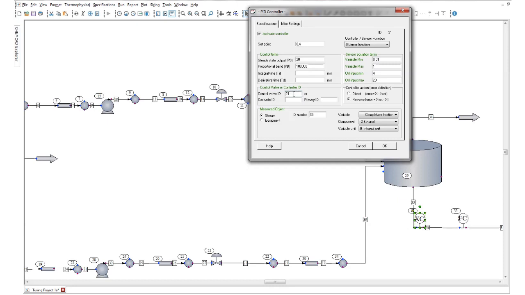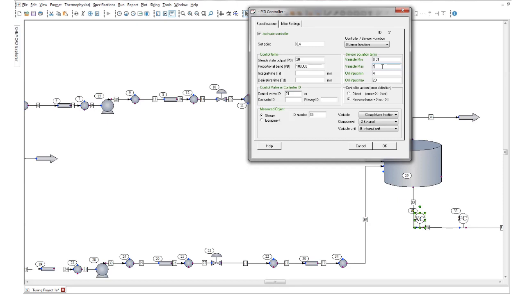Now for mass fraction of ethanol, that has a minimum of essentially 0 or 0.01 and a maximum of 1. So now we have to set our sensor equation so it has a maximum value of 1 and a minimum value of something very close to 0.